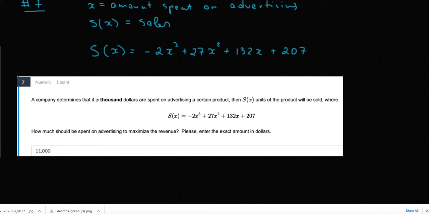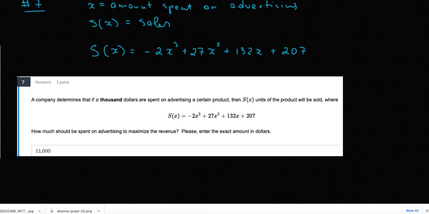And the question in the problem is how much should be spent on advertising to maximize the revenue. In mathematical terms, basically the question is what value of x will produce the largest possible value for s. S is the sales.